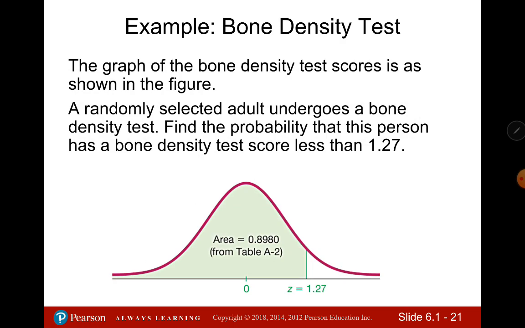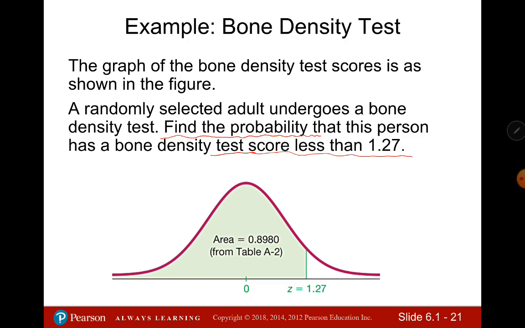If it's a standard normal distribution, we know it's a bell-shaped curve, right? And we want to find the probability that a person has a score less than 1.27. We already know the test score is just the same as the z-score.